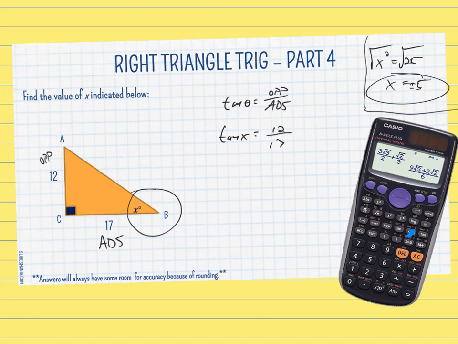These are called inverse trig functions, and you get to them by hitting this shift key. Now, if it's a different calculator, the inverse functions of sine, cosine, and tangent should all still be in the same location, but it may be a second type function. What I'm going to do is show the notation of what this looks like, and then come back and explain what it looks like on the calculator in order to get the correct answer.